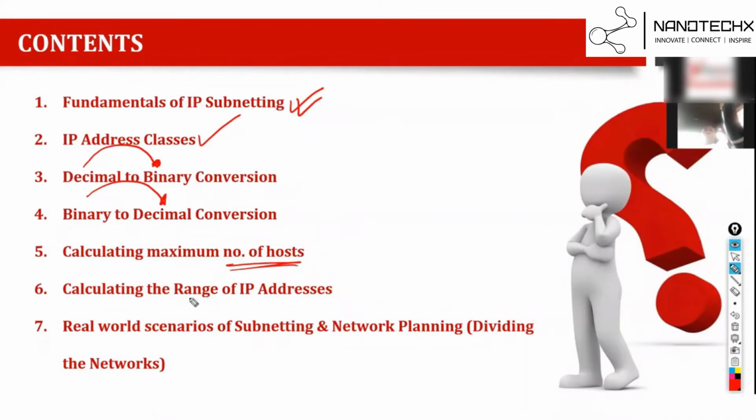And then how to calculate the range if we know the IP address and the subnet mask. Today we will revise number 6 and we will go with number 7 as well. But let me give you a review of 1 to 5 from yesterday. I hope everybody can hear me loud and clear.